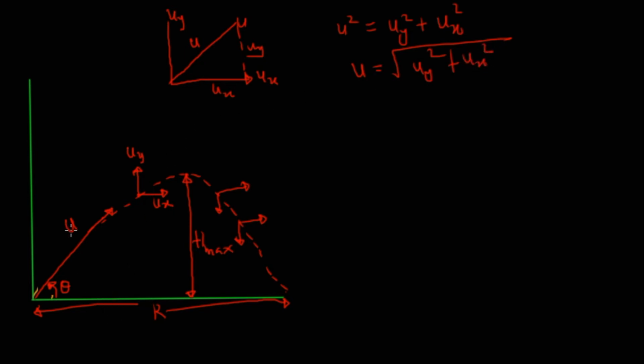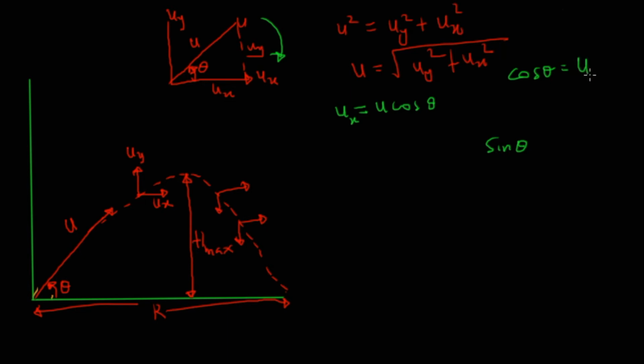Notice that uy and ux are at a particular angle theta. So the implication is that I can resolve u into ux. Since there is an angle here, ux will be equal to u cos theta. That is, I can find it using the cosine rule: cos is adjacent upon hypotenuse.